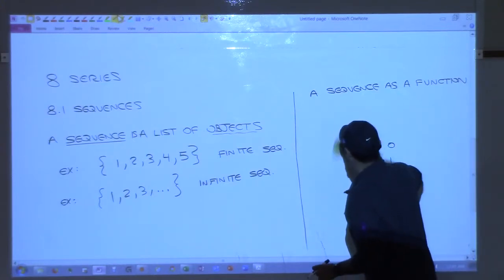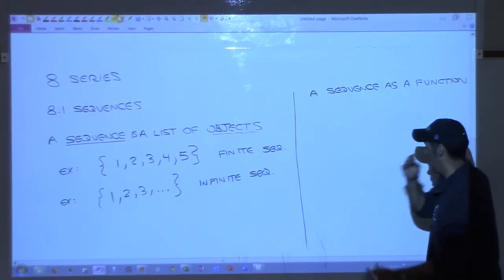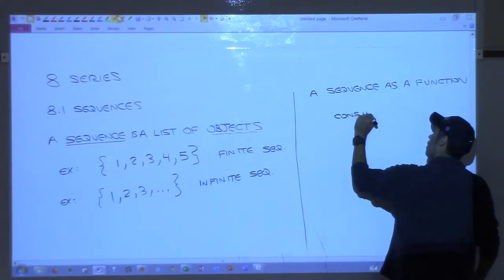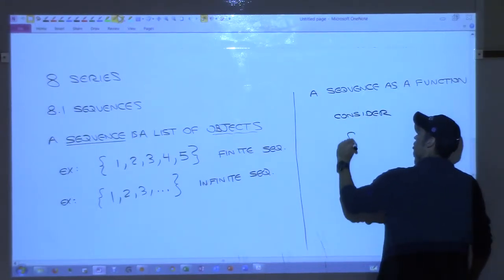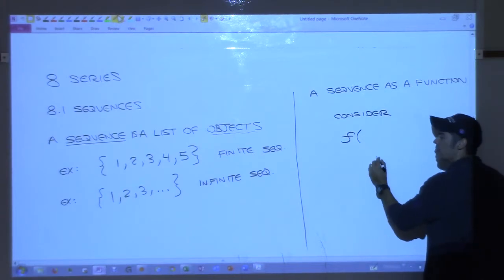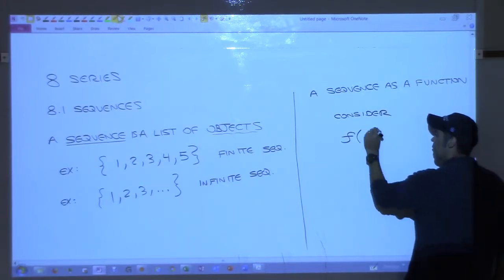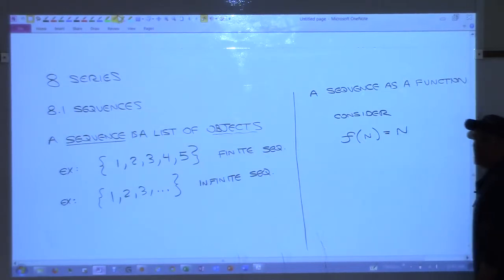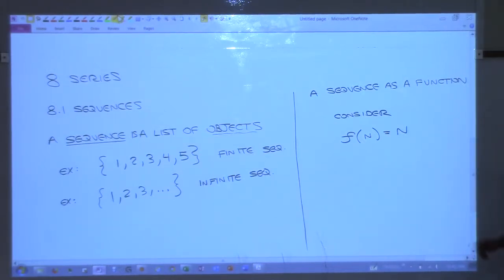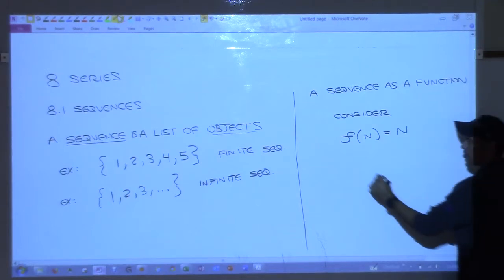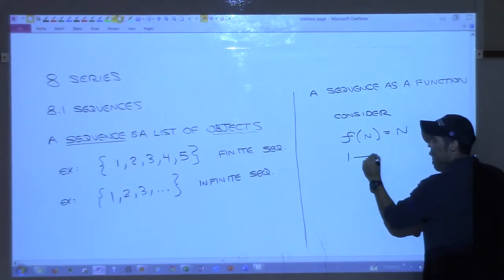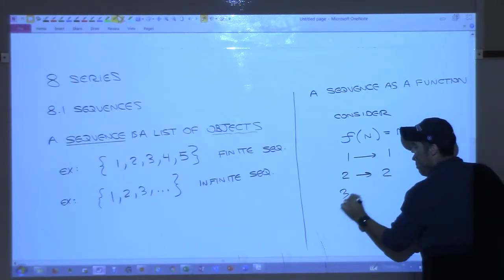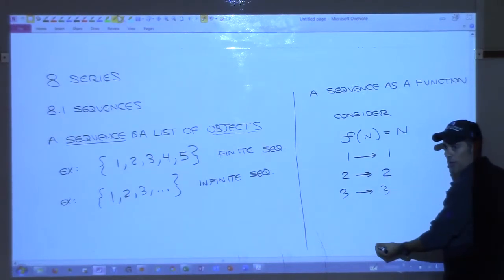Because of the way they are listed, so now consider this. Consider a function that takes in some number n. I'm not going to say x this time, and then it spits back to you n. What would this look like with that picture of input output? 1 goes to 1, 2 goes to 2, 3 goes to 3, and so on and so forth, right?